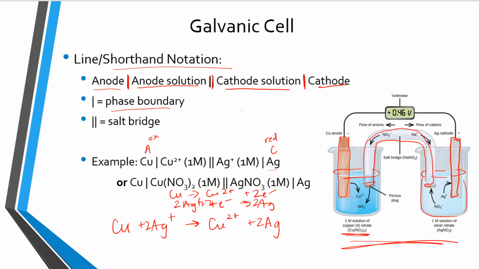Okay, so if you're given the shorthand notation, basically you know that your reactants are the anode and then the cathode solution, and then your products are your anode solution and your cathode, because this is your oxidation and this is your reduction.